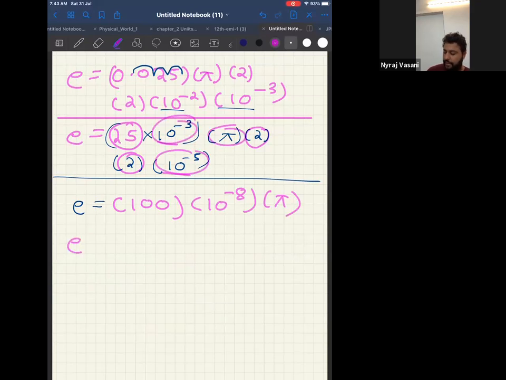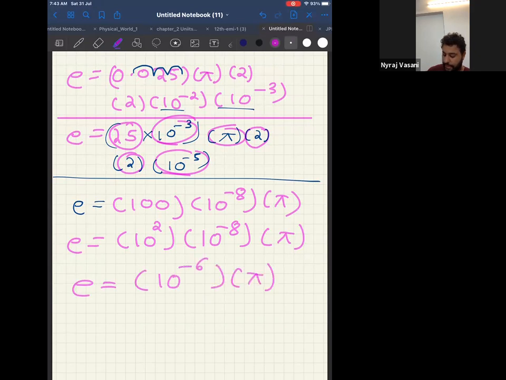Now, E equal to 100 can be written as 10 square into 10 power minus 8 into pi, or E is equal to 10 power minus 6 into pi, or 10 power minus 6 is micro, so pi microvolt.